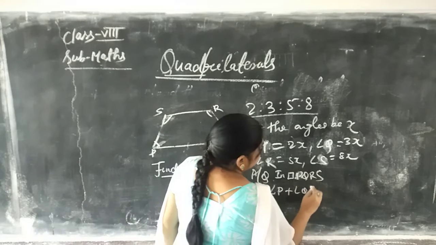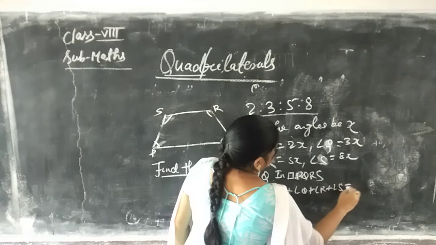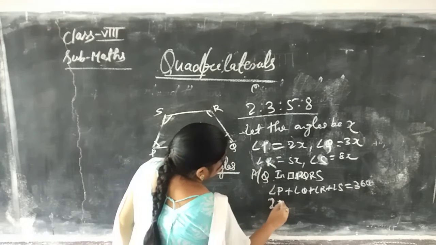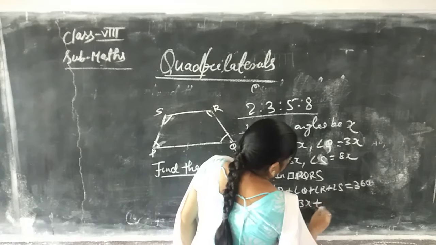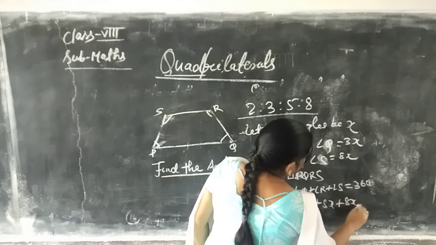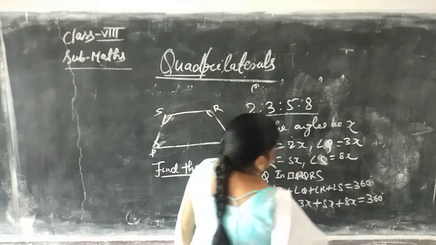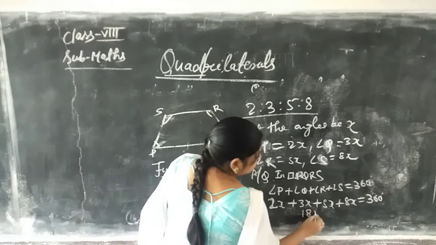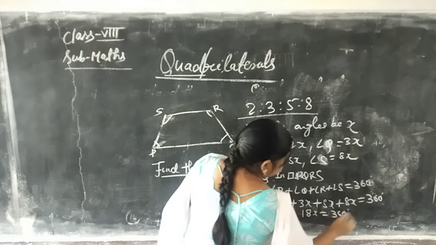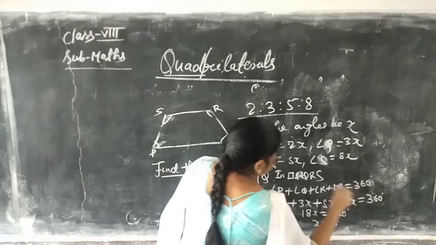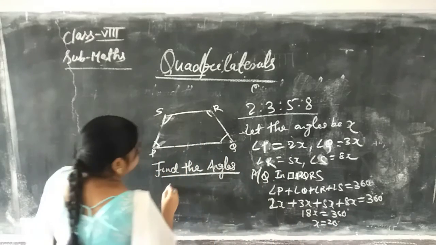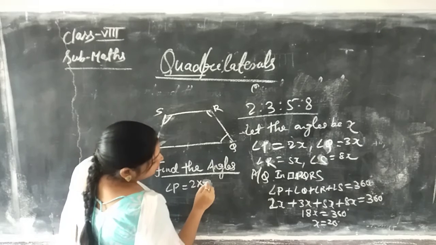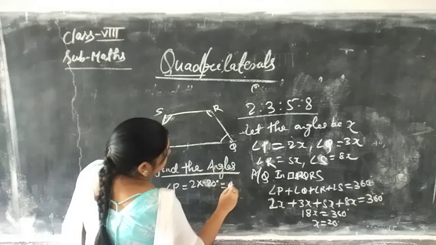Angle P plus Q plus R plus S is equal to 360 degrees. So 2x plus 3x plus 5x plus 8x is equal to 360. Now 2, 3, 5, 10, 18. So 18x is equal to 360, which means the value of x is 20 degrees. Now we apply it to all the angles. Angle P is equal to 2 into 20, which is 40 degrees.